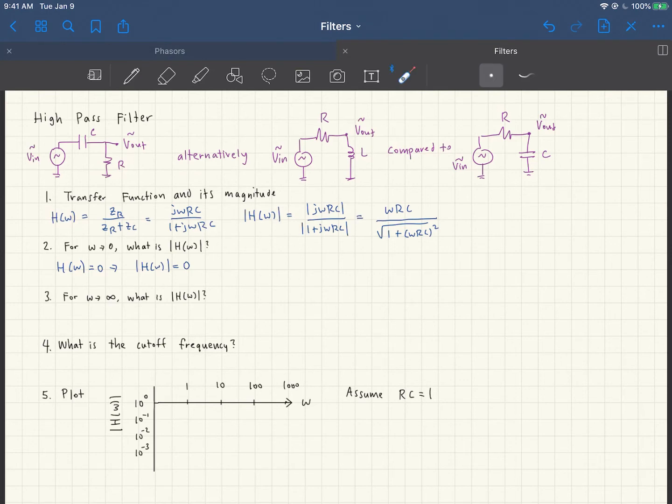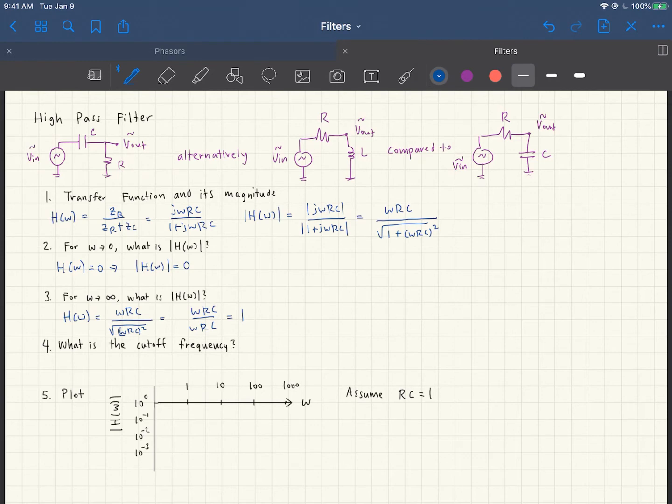For omega very close to infinity, omega RC will be really large, which means 1 in comparison will be very small. So we can rewrite H of omega as omega RC all over the square root of omega RC squared, approximating the 1 as 0. We get omega RC over omega RC, which is approximately 1.